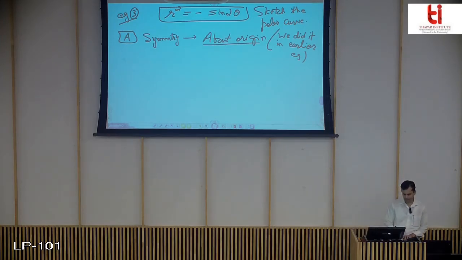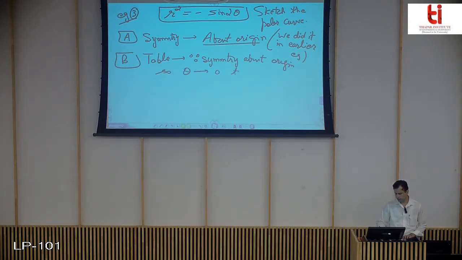Now part B, that is about your table. Since symmetry is about the origin, theta by default should be from 0 to pi by 2, as we have discussed.